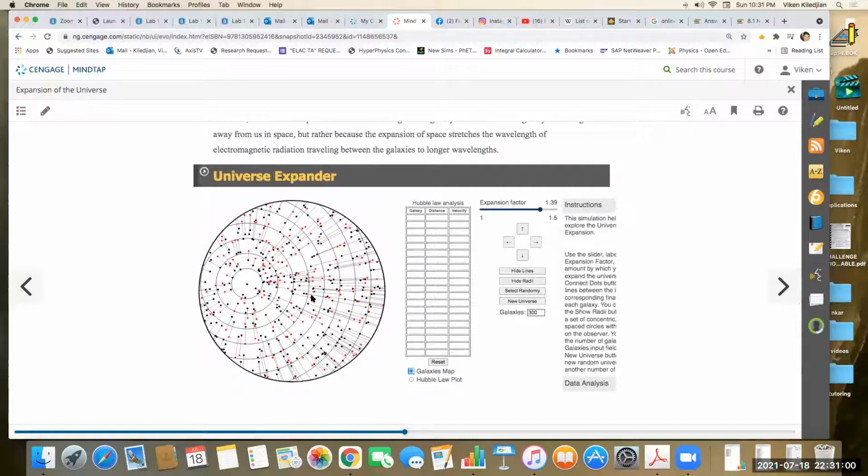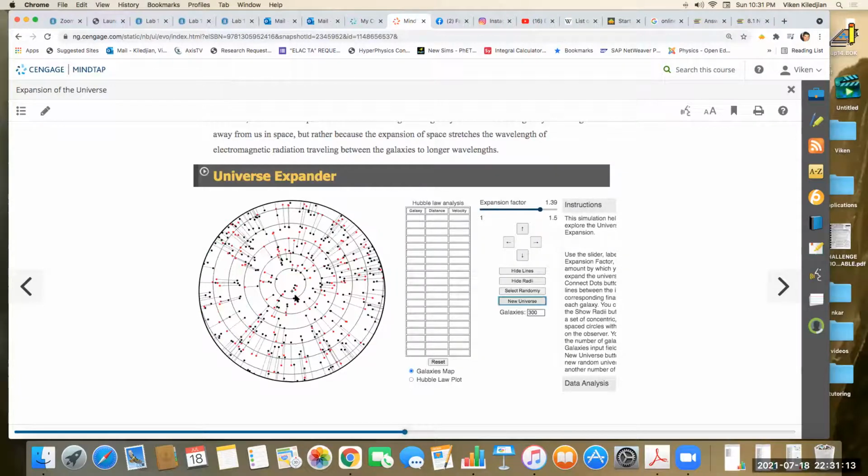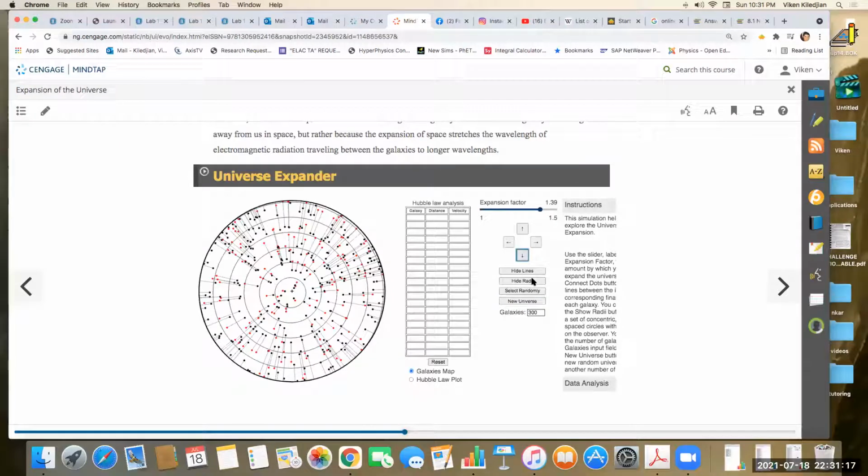Let's make the center, this is supposed to be the Milky Way right here. Okay, go. So let's go to new universe. Then go down, make the X the dot, then hide the lines. Expansion goes to 1.